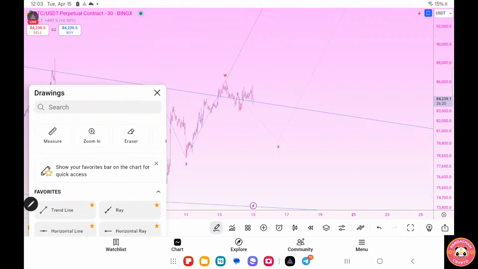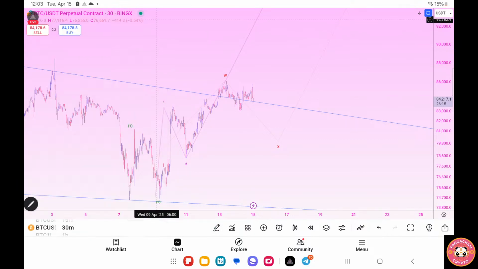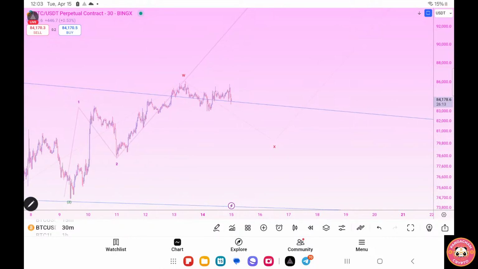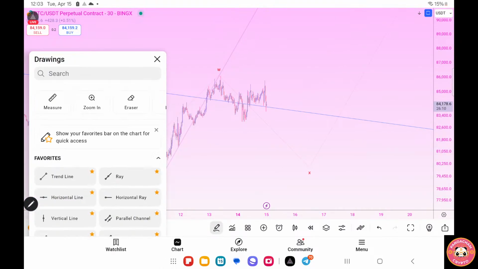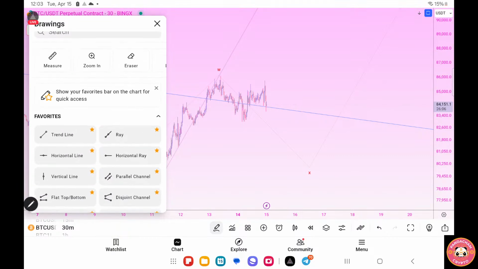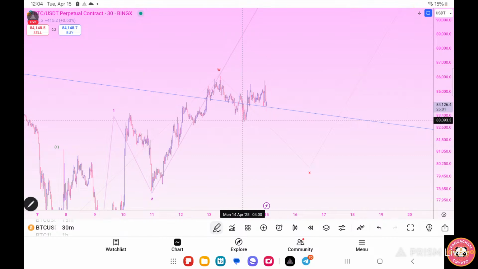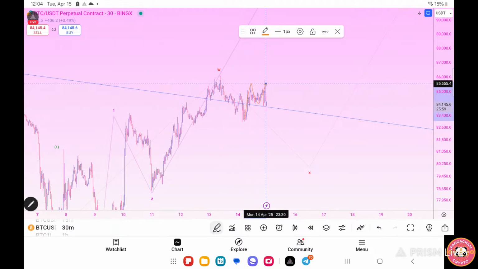So it seems like we were able to make some sort of a three-wave up, and now the whole thing looks like it's gonna correct to the downside.